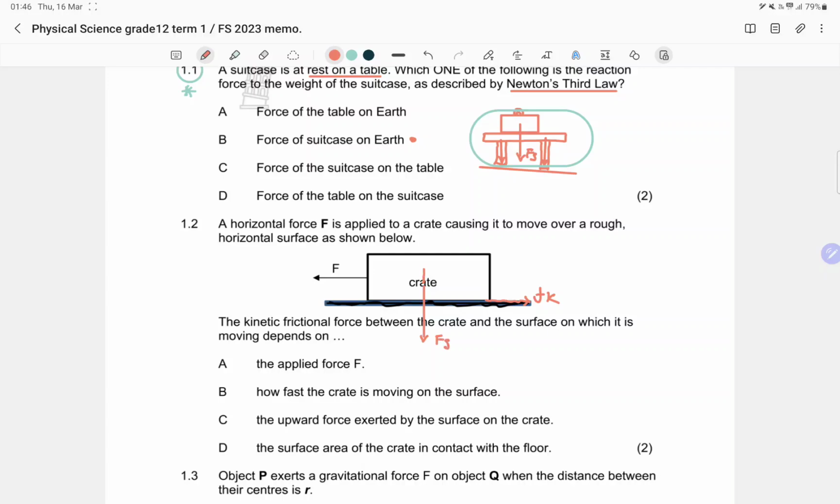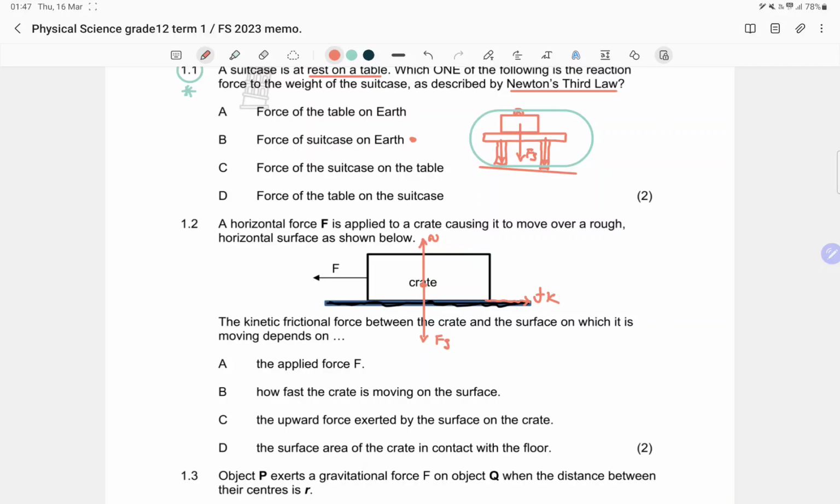And what other force must we think about? The normal force. But because this object is neither dipping into the ground nor being lifted off the ground, it means these two are balanced. So the only forces that are responsible for the movement are the applied force and the kinetic friction, which are opposing each other.